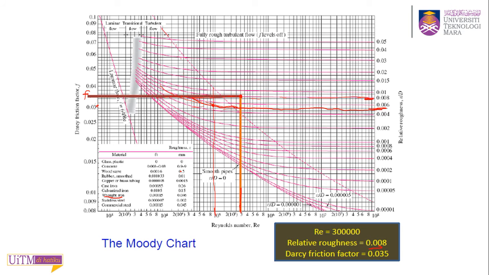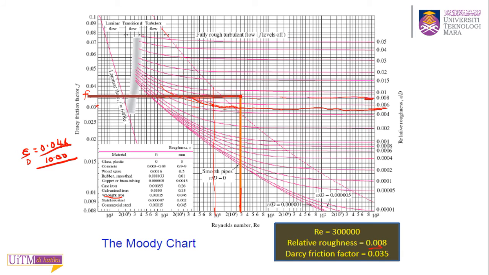Let me refer to my chart. 0.046. Okay, so your relative roughness will be 0.046. This is in millimeter, so you need to divide by 1000, and divide by your diameter.